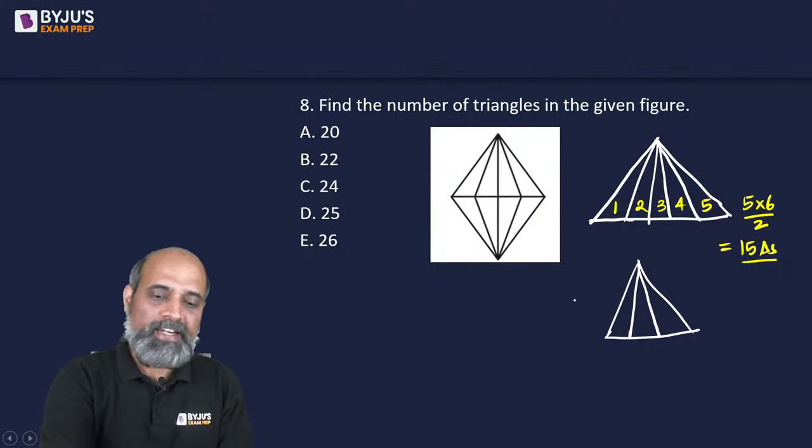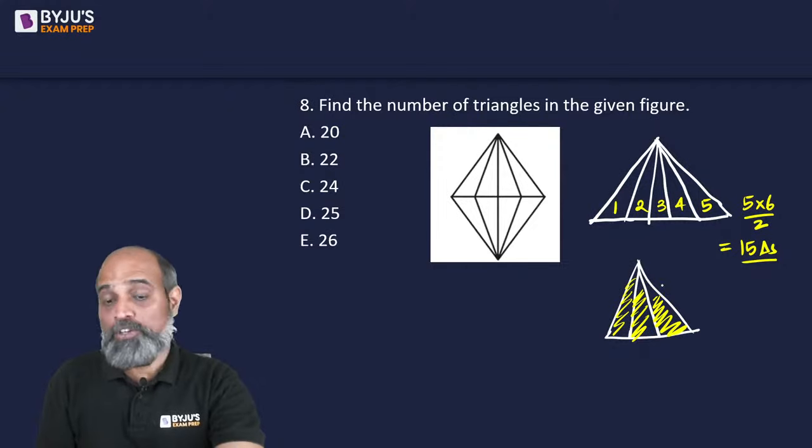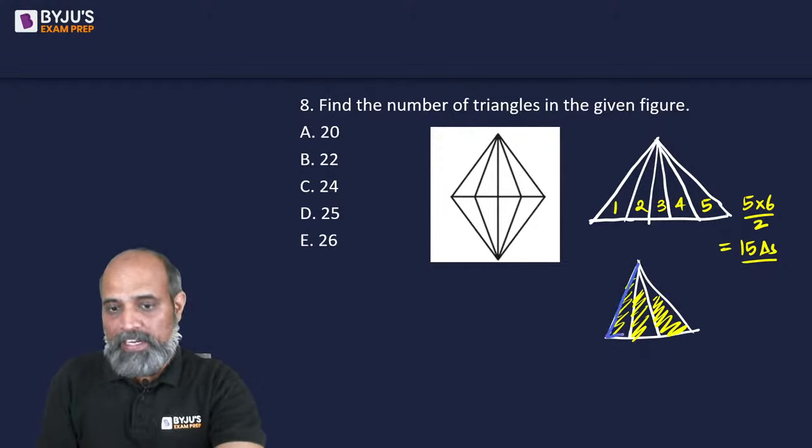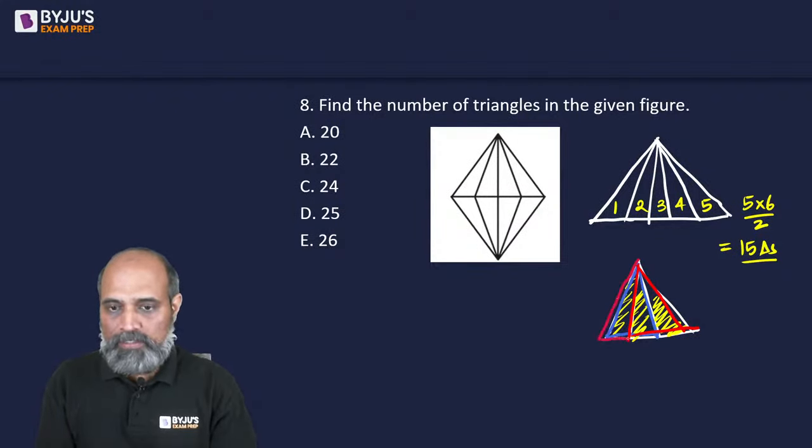You will be getting these 3 small ones. Then you will be getting the 2 medium sized ones. That is the 4th triangle, 5th triangle. And then of course you will be getting the original, the largest one, this one. Total 6 triangles.